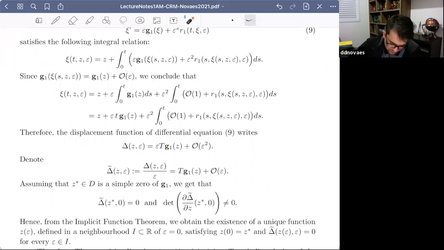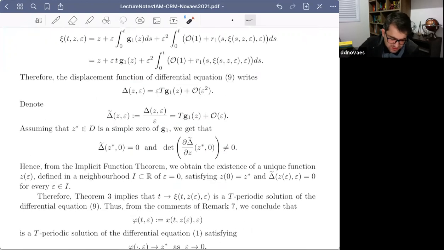Thus, defining another function, delta tilde, by dividing the displacement function by epsilon, we get T multiplied by g1 of z plus order of epsilon.